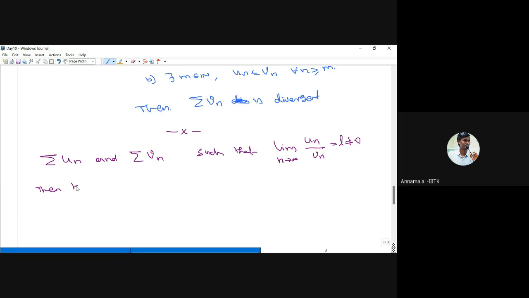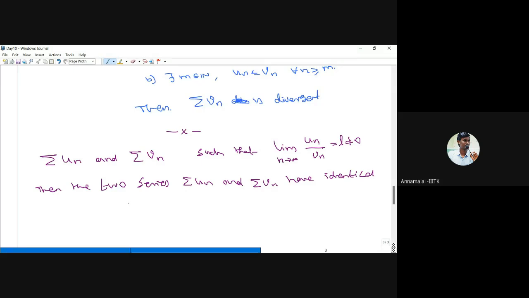So the two series, summation un and summation vn, have identical behavior in relation to convergence, provided the quotient limit is a non-zero number, maybe negative or positive.